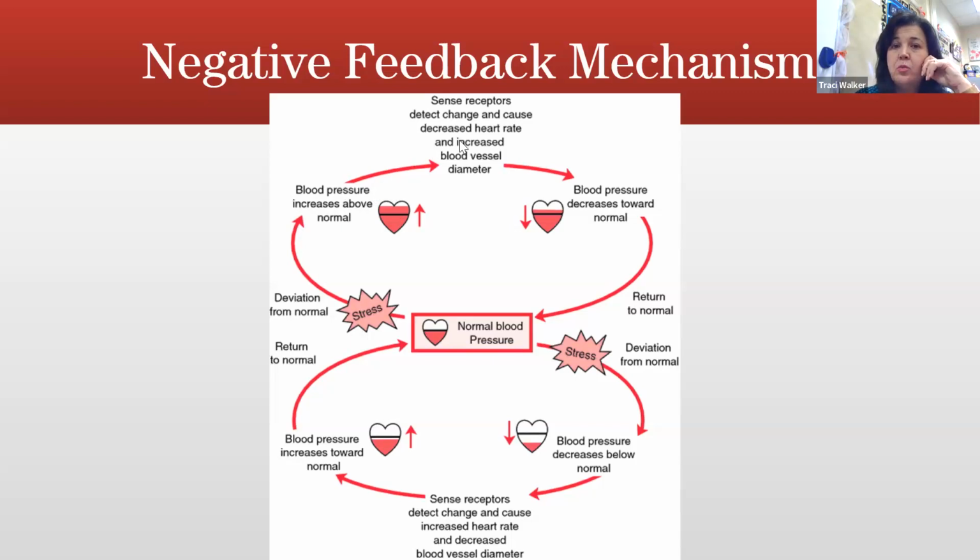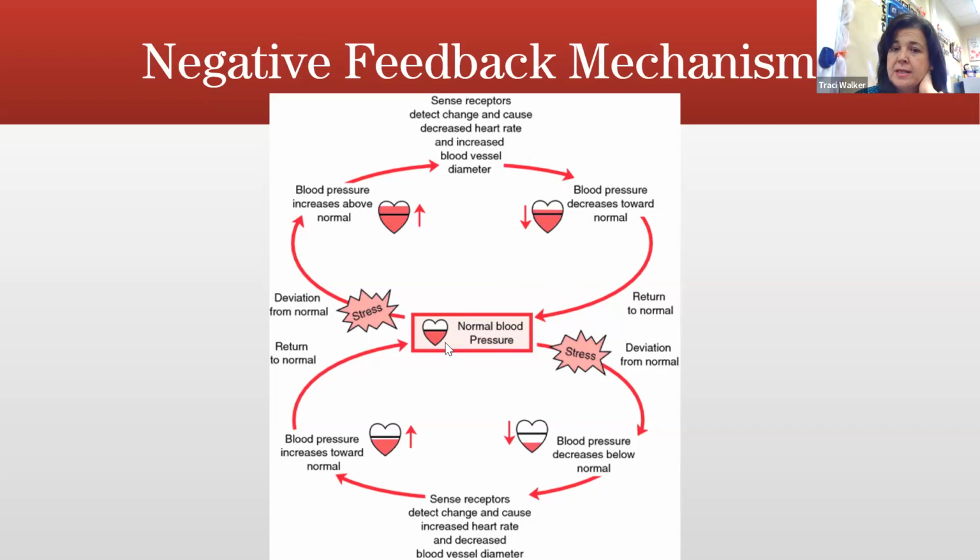So the brain will tell the muscles in your blood vessels to dilate. That means to get bigger. So if your blood vessels are normally this big around, whenever your blood pressure gets high, your brain will tell your blood vessels to get bigger. By getting bigger, that allows the blood to flow through more smoothly, and it decreases the pressure on your blood. So then your blood pressure returns to normal.